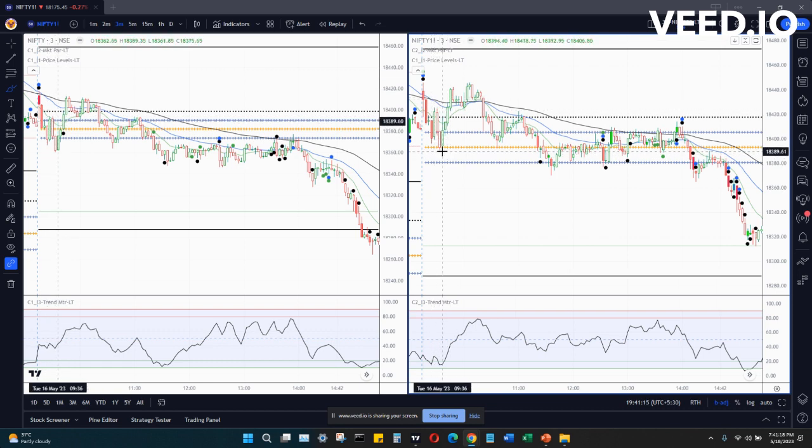One, it is not in the set execution time, which is post 9:45 and before 2:45. And the second is, you could see all the moving averages: the price is way below the moving averages, and to steer past through the moving averages is not something that's likely. So we need to wait for further price action to confirm. So we do not enter into a long trade right here.